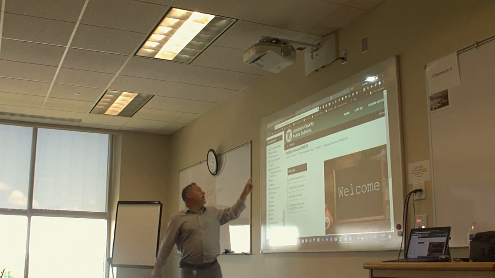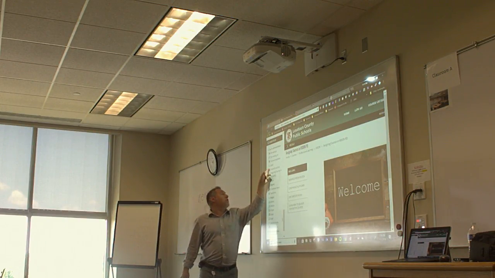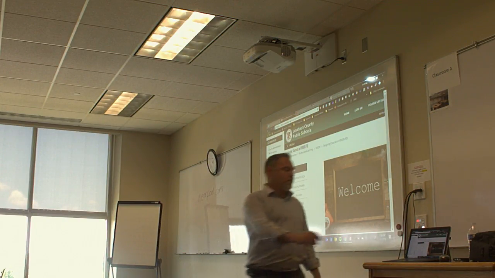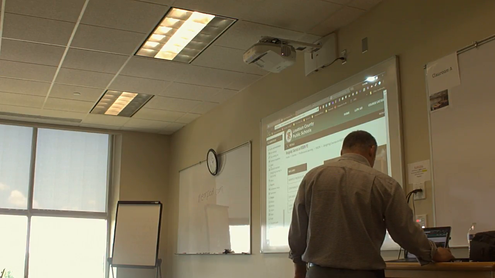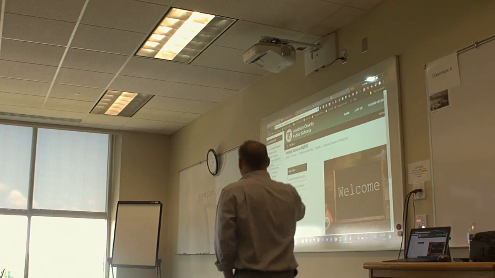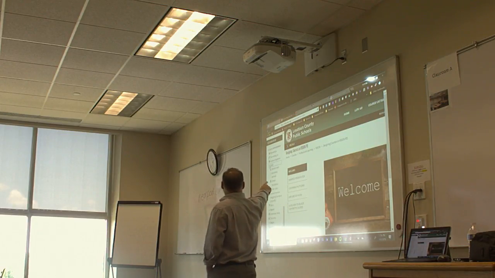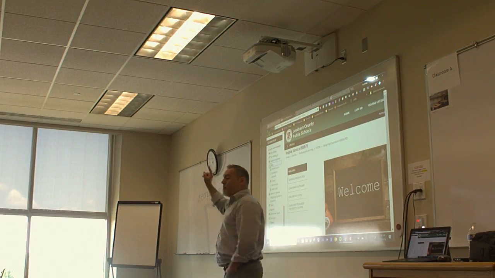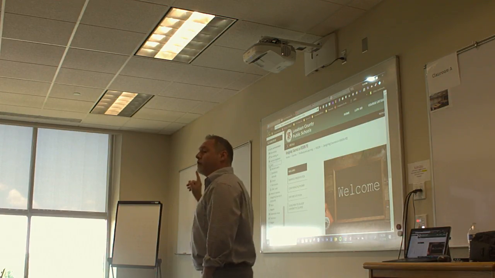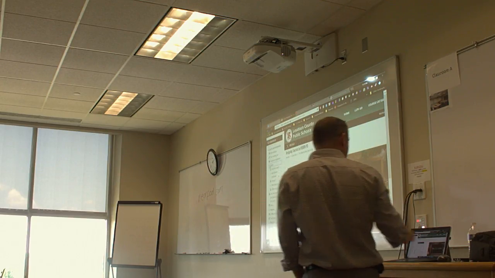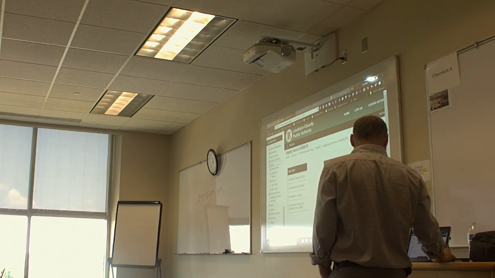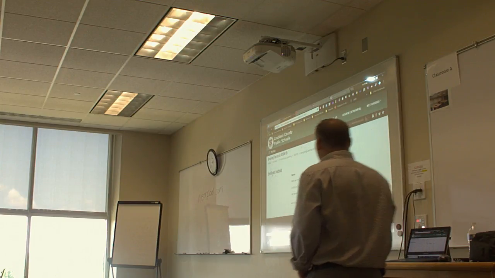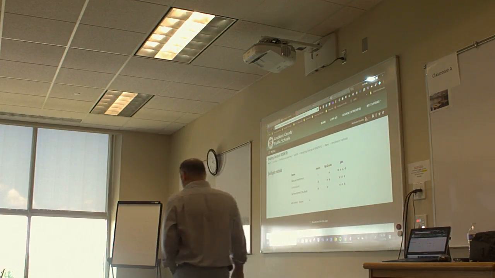The other thing I want you to take note of is users. Let's go ahead and click on users. And we get this: enrolled users, enrollment methods, groups, permissions, other users. Today what I want to focus on is enrolled users and enrollment methods. First, let's click on enrollment methods. It's automatically going to send you to this page.